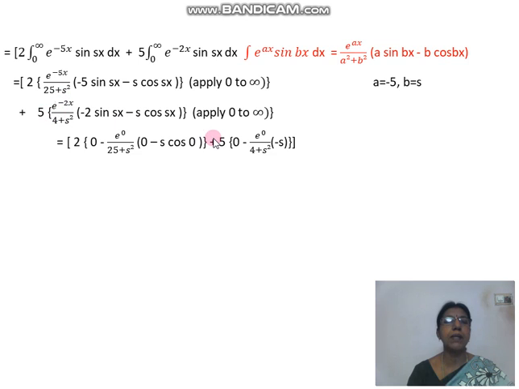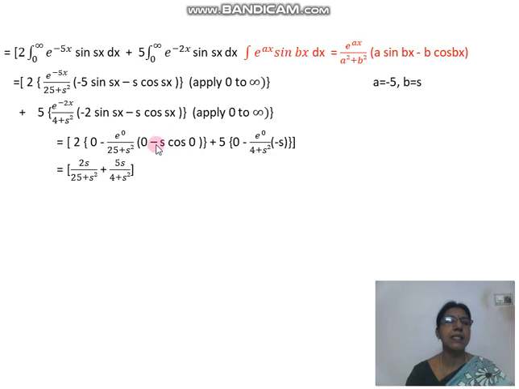Plus the second one: at infinity, e power minus infinity is 0, into anything it is 0. Next, the 0 application: e power 0 by 4 plus s square, sin 0 is 0, minus s cos 0, and cos 0 means 1. It can be written as 2 into 1 by 25 plus s square, minus s into 1.